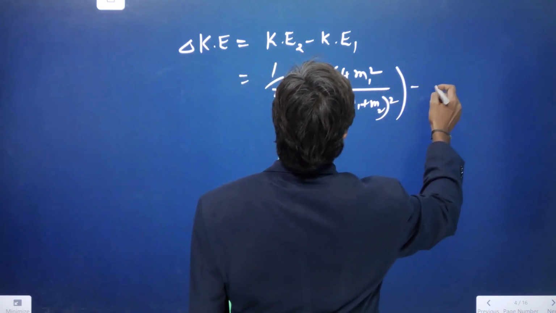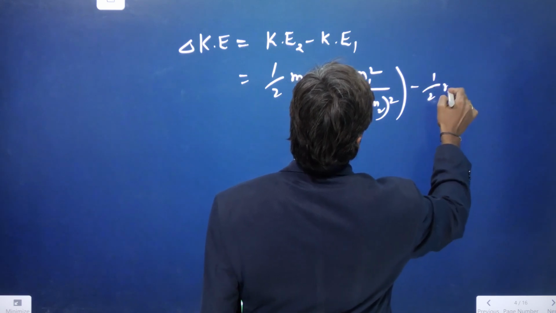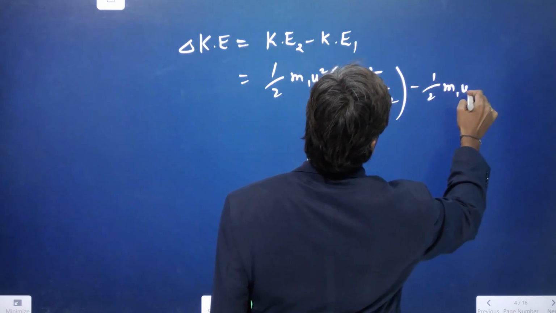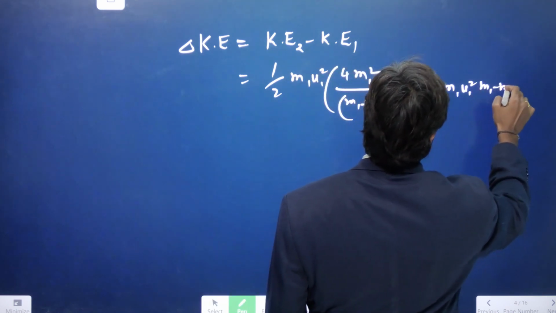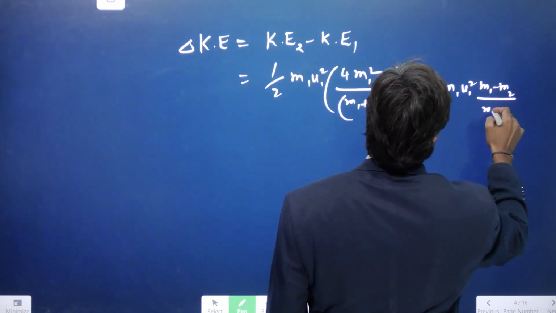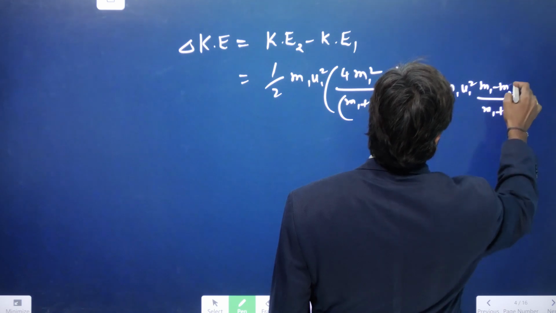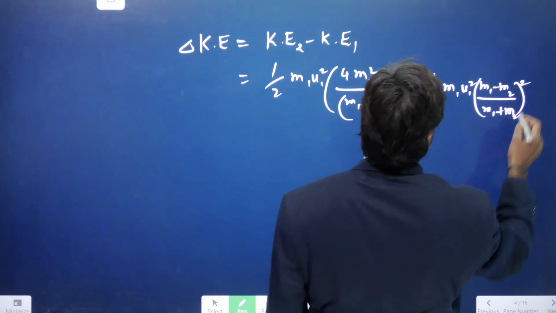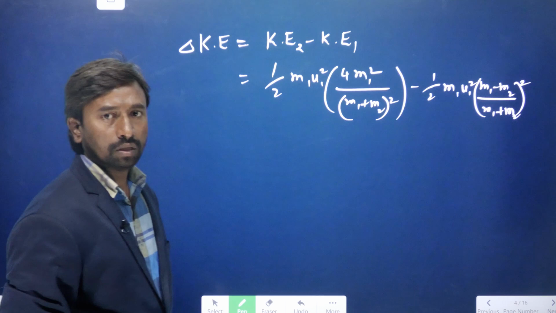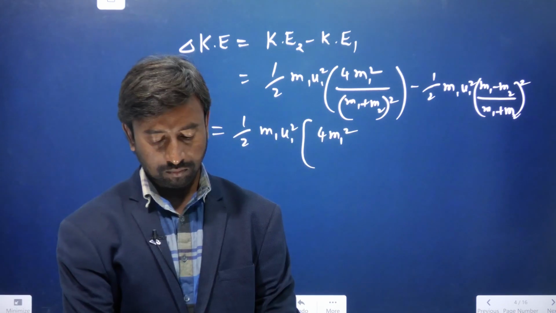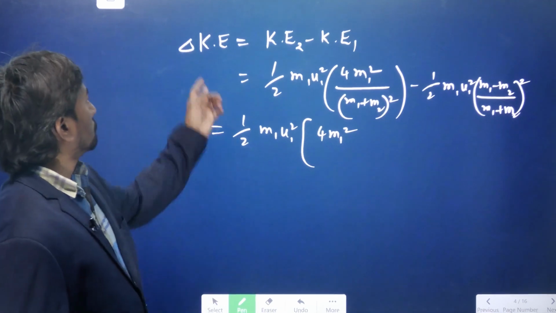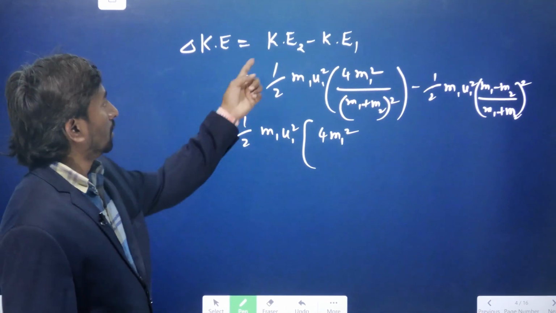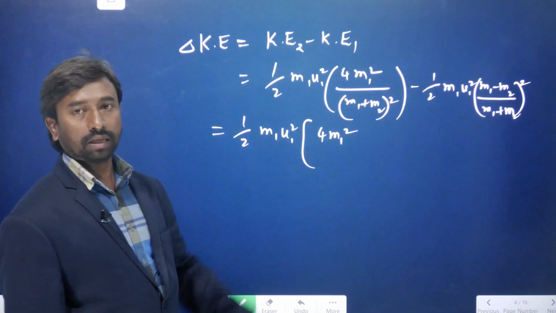half into m1 u1 square, here we got m1 minus m2 divided by m1 plus m2 whole square. Okay, so now the change in kinetic energy is KE2 minus KE1.